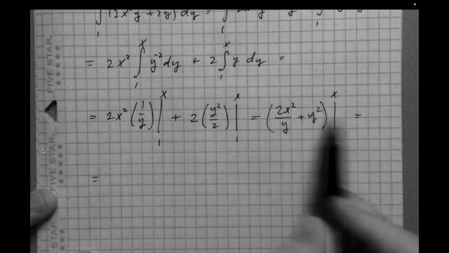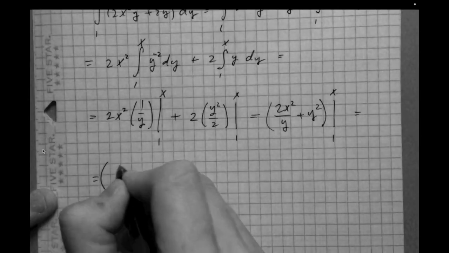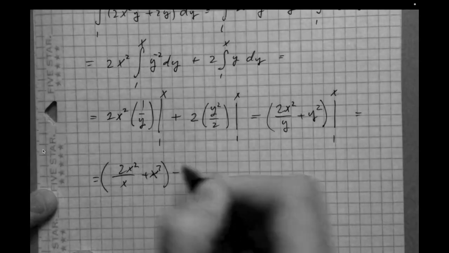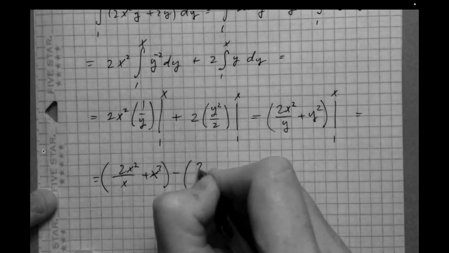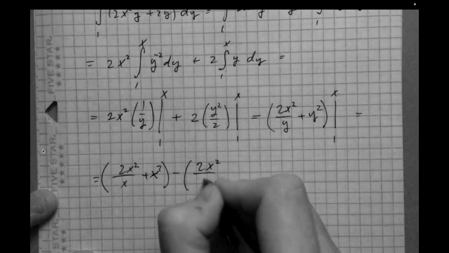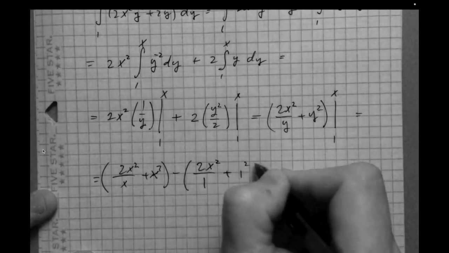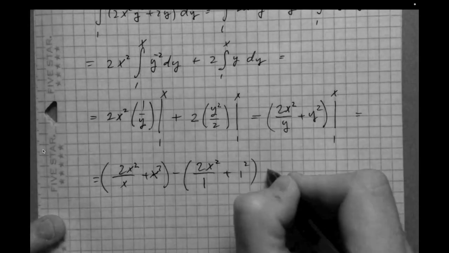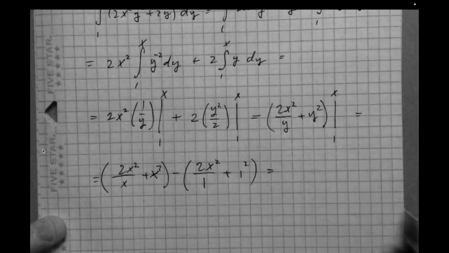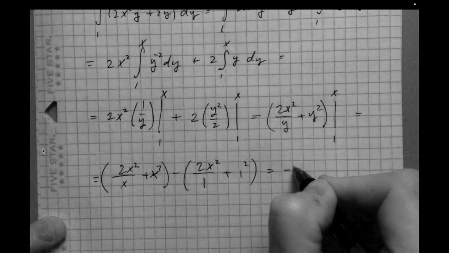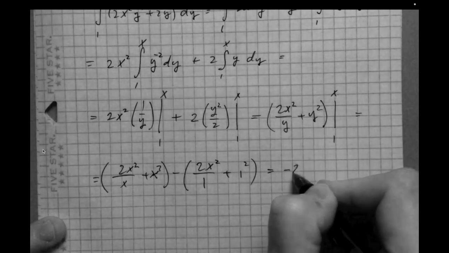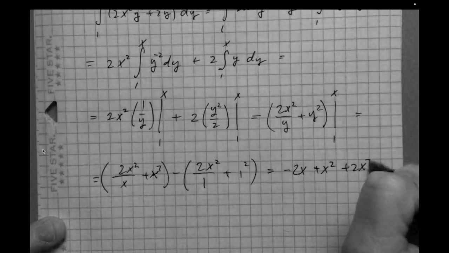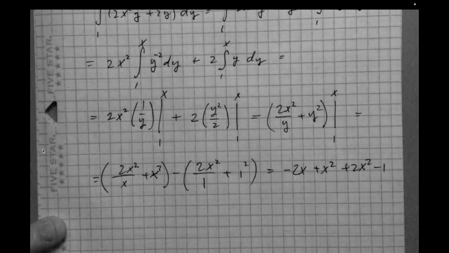So everywhere you have a y, you plug in x, so you get 2x squared over x plus x squared, and then minus 2x squared over 1 plus 1 squared. This simplifies down nicely into negative 2x plus x squared plus 2x squared minus 1.